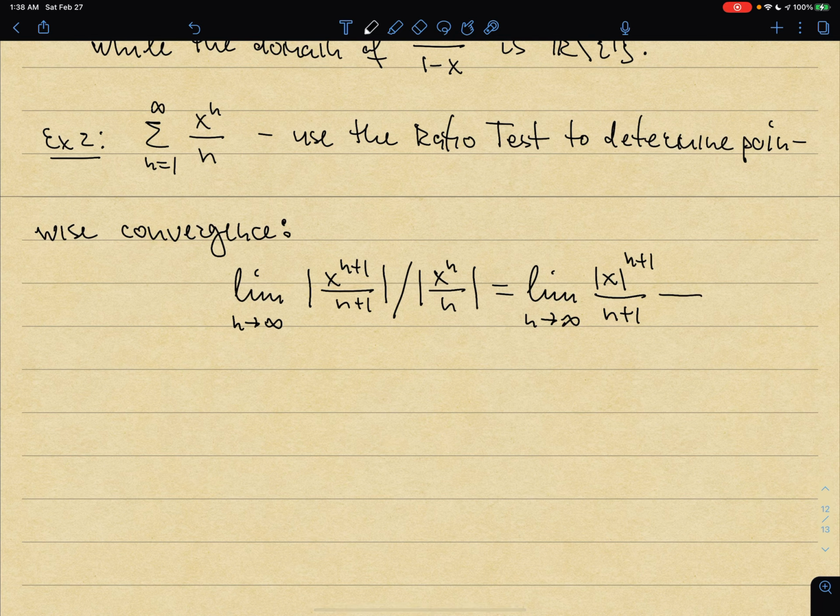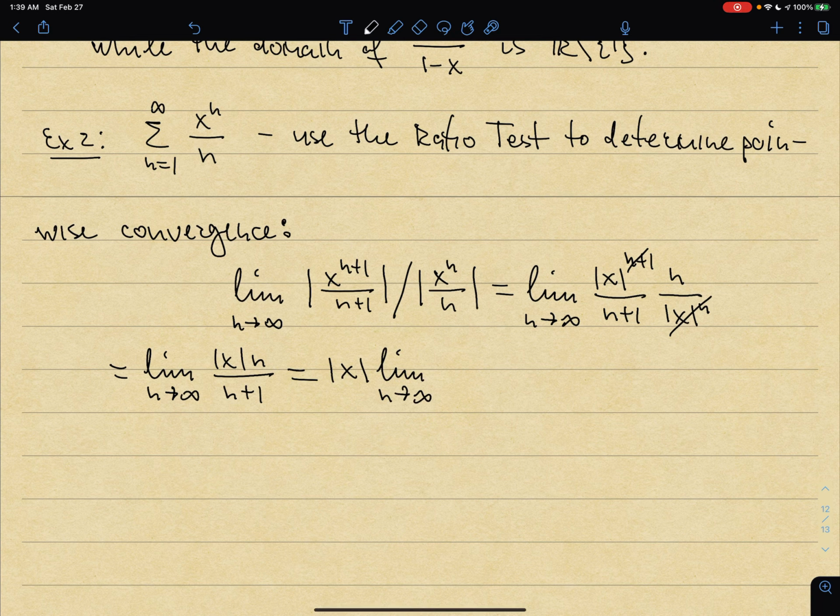Because I'm dividing twice by n, I have n on the top. Well, x to the n I can cancel out. And so then this should be a limit as n goes to infinity, absolute value of x, n over n plus 1. Absolute value of x is a constant, which I can pull out. And I have a limit when n goes to infinity of n over n plus 1 left.